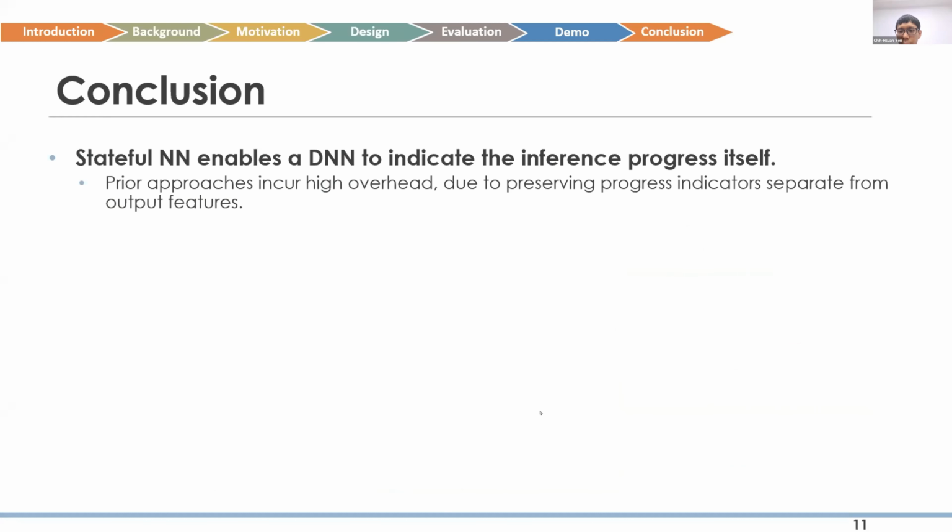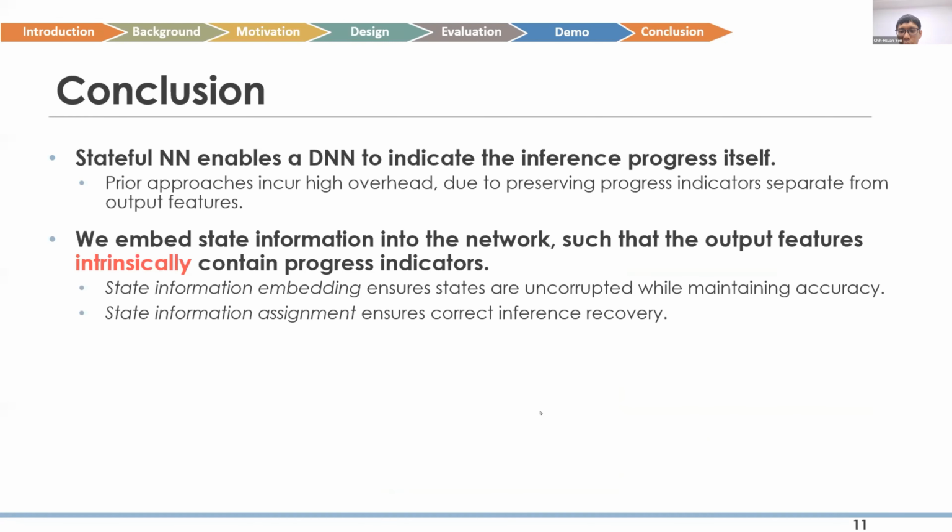To conclude, we present Stateful neural networks that enable a network to indicate the inference progress itself. Existing approaches incur excessive overheads as they preserve progress indicators separately from output features. Our approach embeds state information into the network, allowing progress indicators to be intrinsically contained within output features.